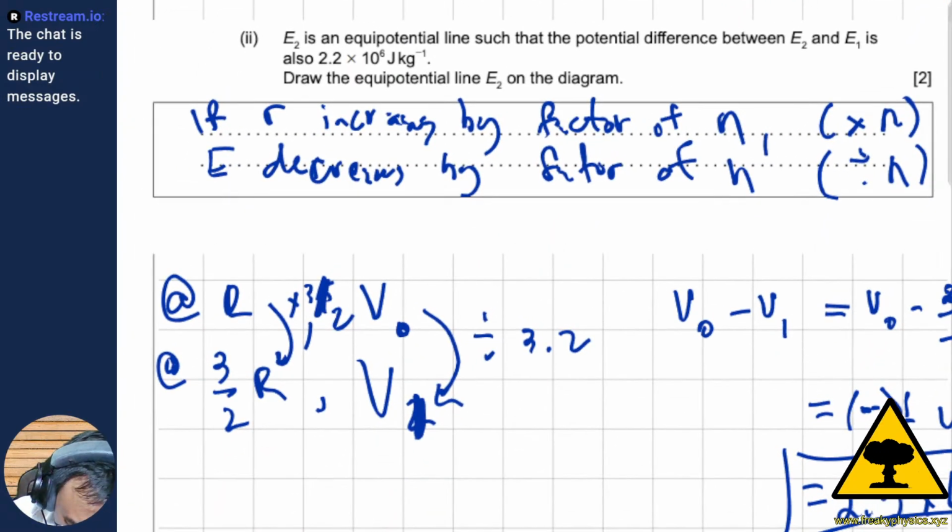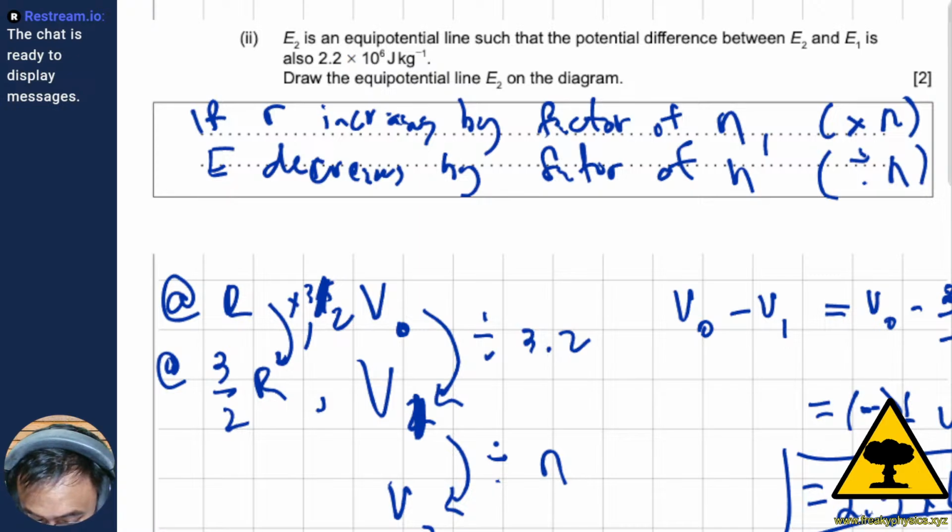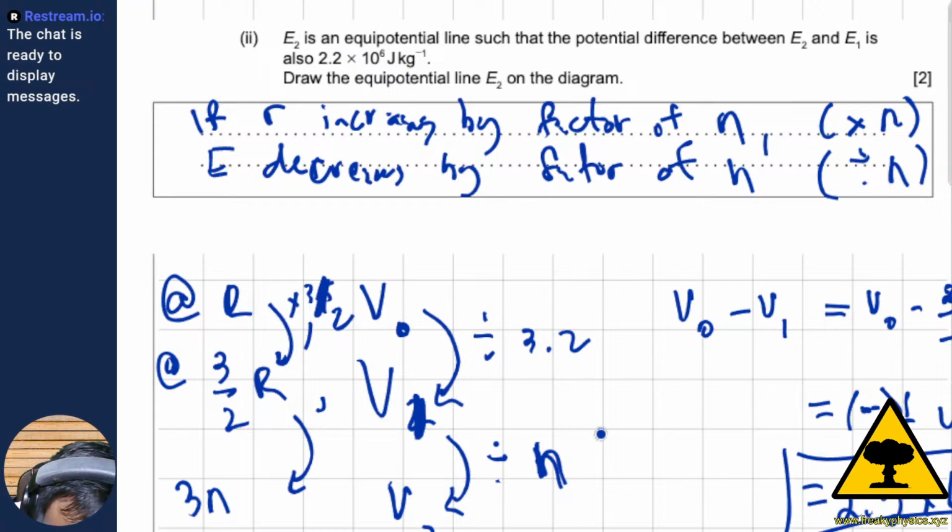Now the next thing we're going to look at is from V1 to V2. This is also going to be divided by some number N, we'll call it N for now. At the same time, this means we're going to multiply this by some number, 3N over 2 R. V is constant the whole time.